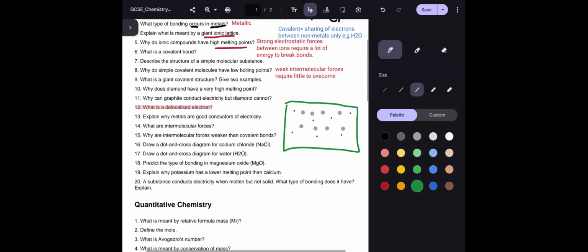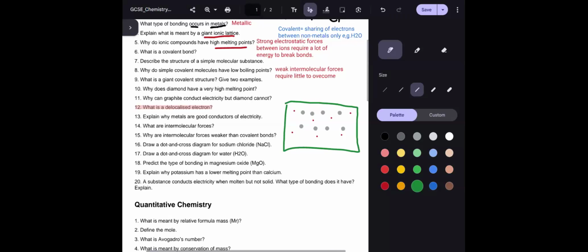The metal ions are positively charged, we know that, and then the electrons are negatively charged, right? So those metal ions attract those electrons, right? And that is what metallic bonding is.